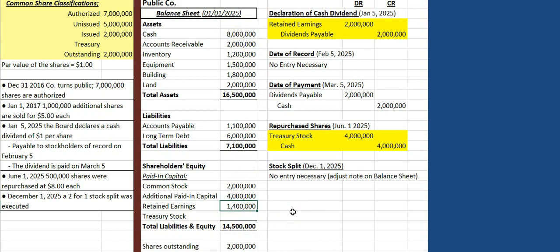They must have enough of both of those, or else they will not be able to declare a dividend, okay? And over here, we could put dividends payable, right? At that point, you're going to owe some dividends payable. We create that account for $2 million, right?